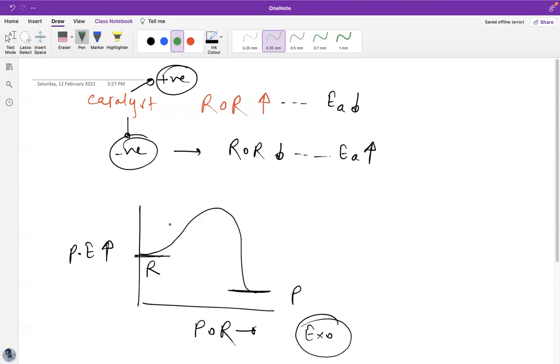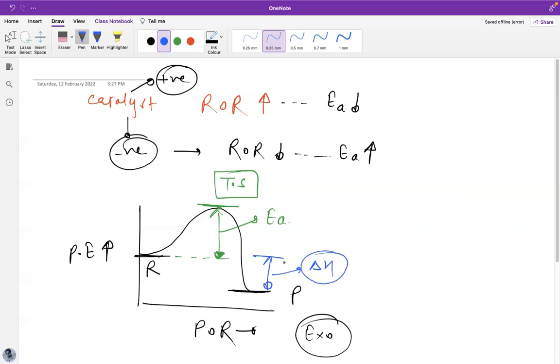So listen to me. This is the reactant and this top peak position is known as the transition state. And this gap from the reactant to the transition state, this energy gap, is known as activation energy. Okay, write down: this energy gap is your activation energy. And the gap between the energy of the product and reactant is known as delta H. Make sense?